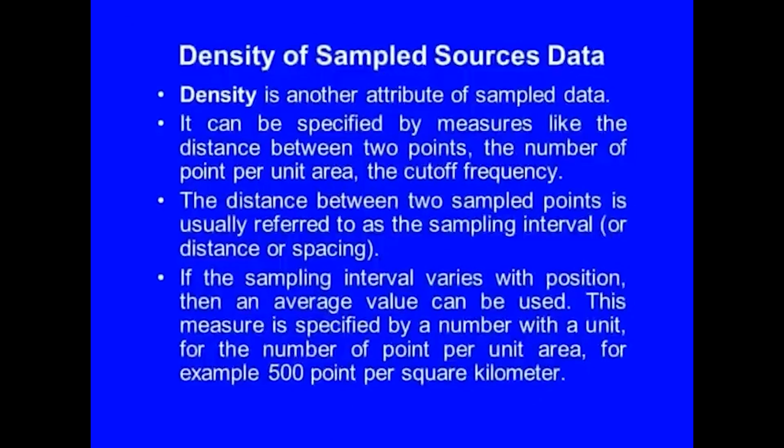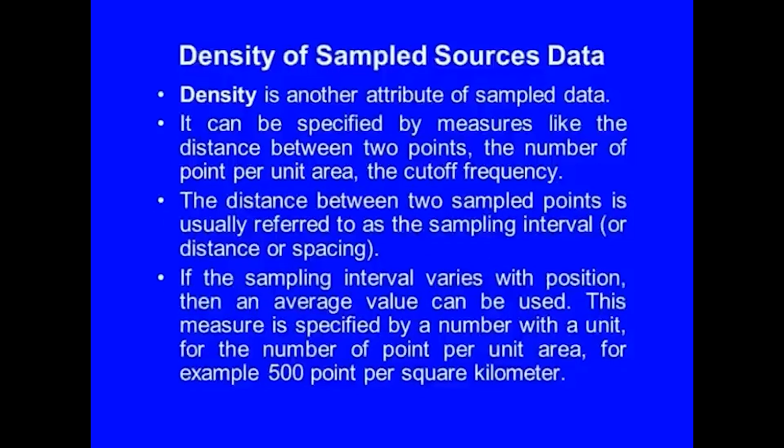Now, let us look at the density of sampled source points. Density is another attribute of the sampled data. It can be specified by measures like the distance between two points, the number of points per unit area and the cutoff frequency. The distance between two sampled points is usually referred to as the sampling interval or distance or spacing.